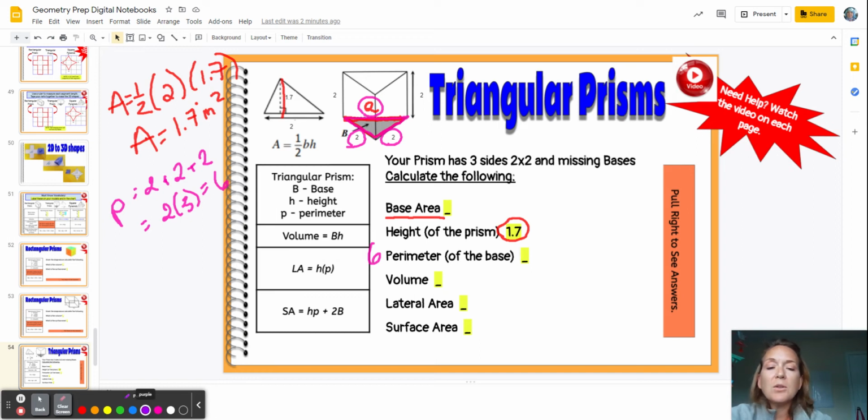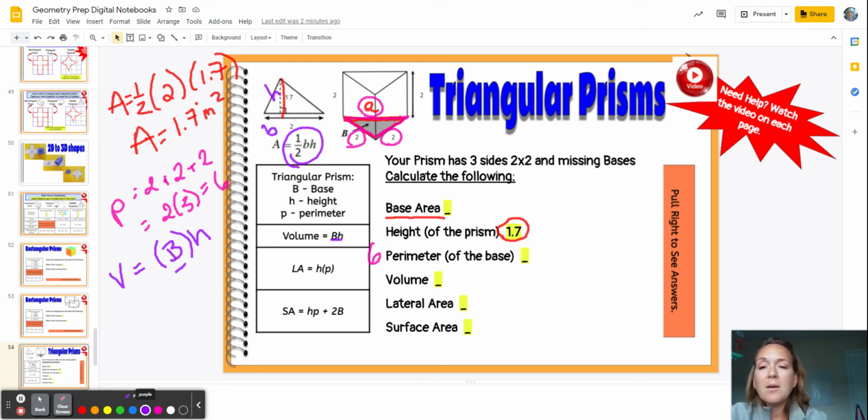So then we find volume. Volume of a triangular prism is going to be the base times the height. Well, in this case, the volume is the base, which is the triangular big B, times the height. So that was 1/2 base times height. That base of the triangle times the height. So remember the base of the triangle and the height of the triangle.